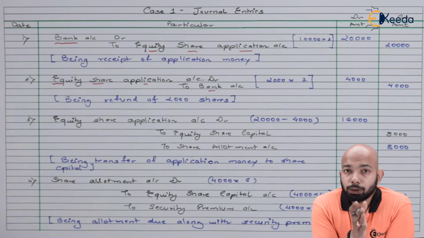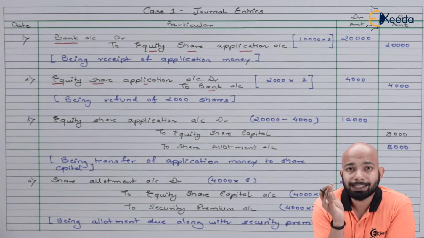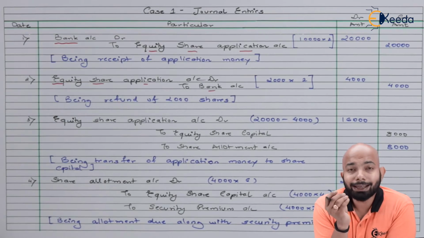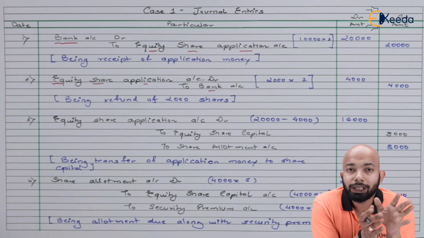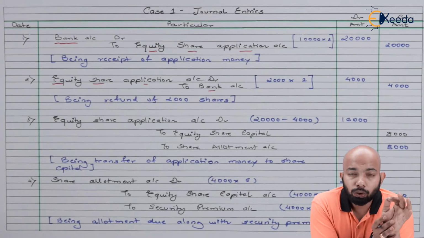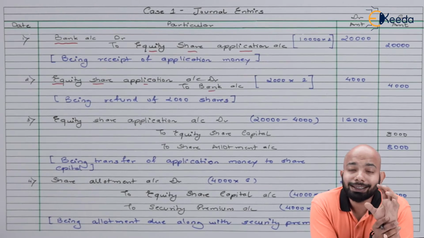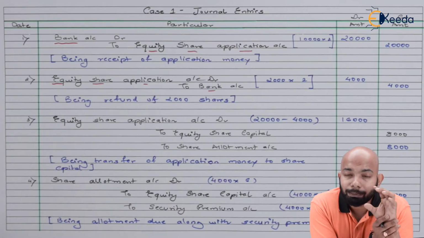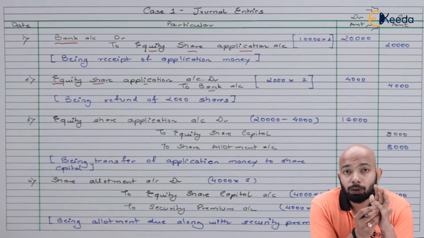Now that will be for 2,000 shares. So 2,000 multiplied by 2 will give an amount of 4,000, which has been refunded back. The balance that will be left is the amount that includes the pro rata applications as well. So 20,000 is what we had received, 4,000 is what we have refunded, 16,000 is what we will be having with us, which includes complete application amount as well.